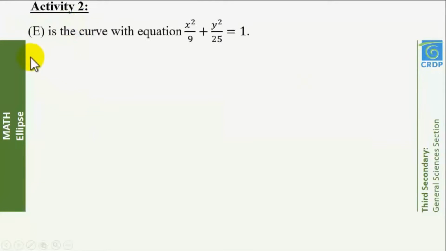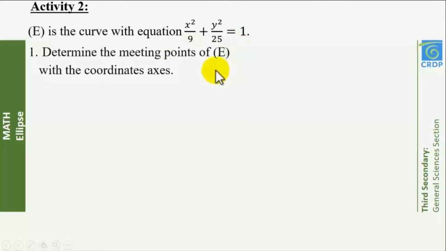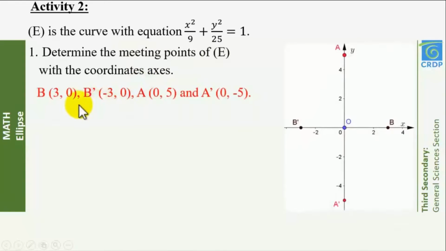Let's move to another activity. E is the curve with equation x squared over 9 plus y squared over 25 equal 1. Determine the meeting points of E with the coordinate axes. Let y equal to 0. We get B (3, 0) and B prime (minus 3, 0).